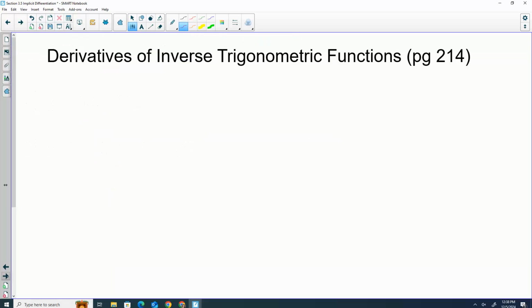All right, so page 214, the bottom of that has the formulas. These are the derivatives of the inverse trig functions. Okay, all of them given to you. I am not going to require you to memorize these.